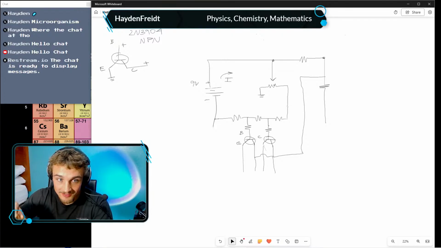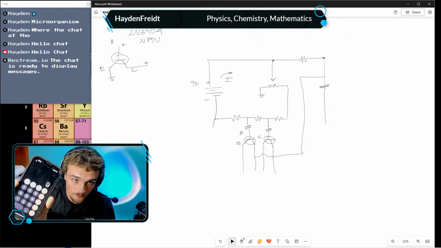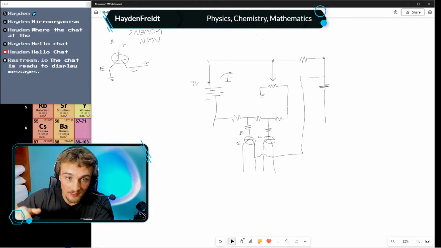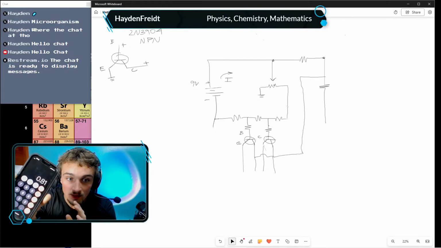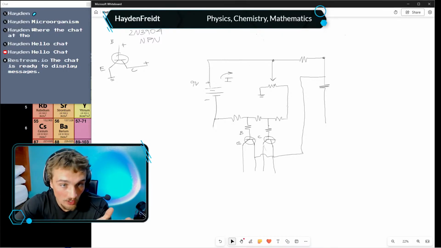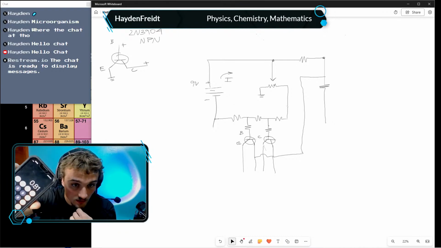But 9 volts times 0.09 amps, or 90 milliamps, you're going to have about 0.8 watts, or 800 milliwatts.